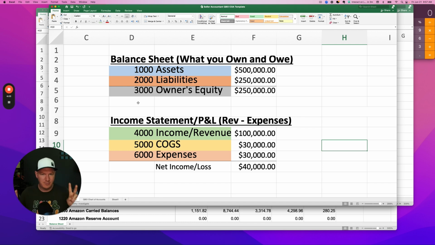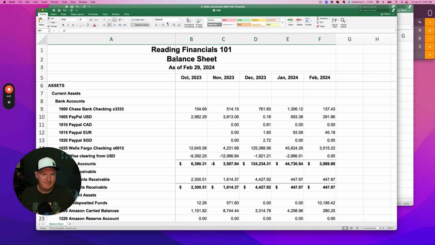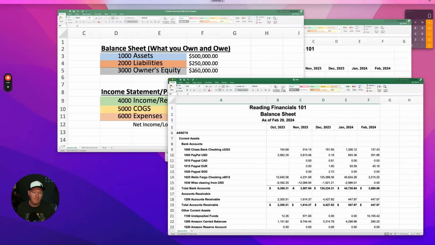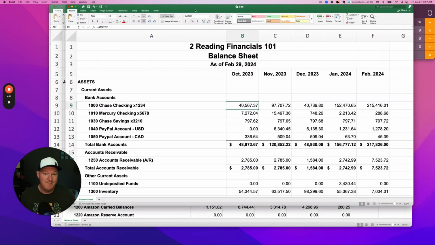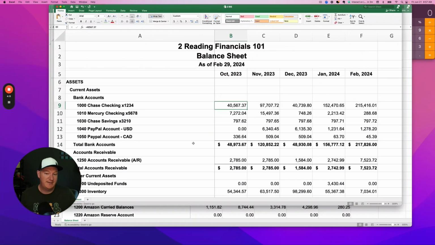When you hear the term reconciliation, that's literally the art and science of going through your balance sheet and making sure that each account balances. This is not as complicated as it could sound. You have a checking account.